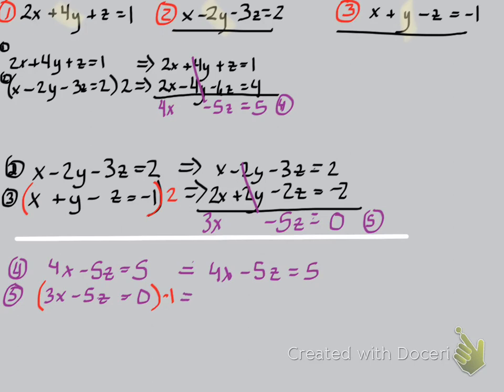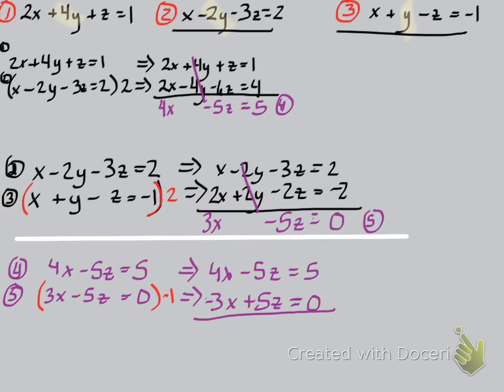And then the second one is going to be negative 1 times 3 is negative 3x. Negative 1 times a negative 5 is a positive 5z. And negative 1 times 0 is still just 0.